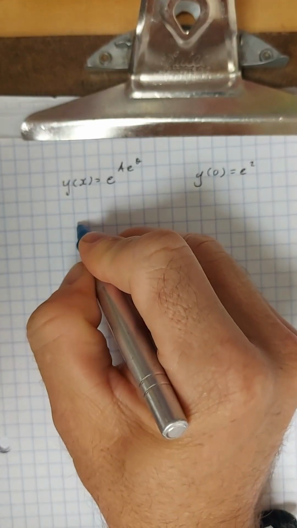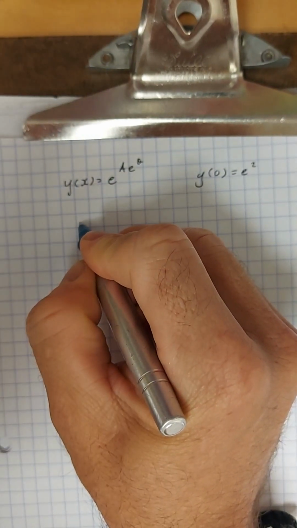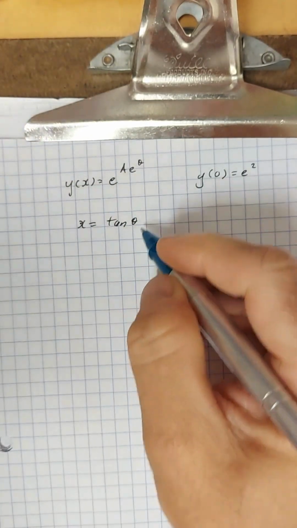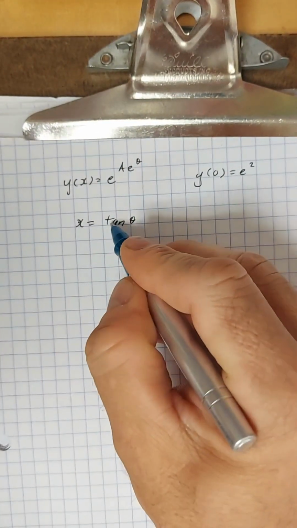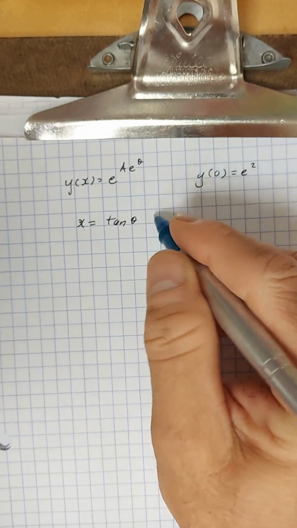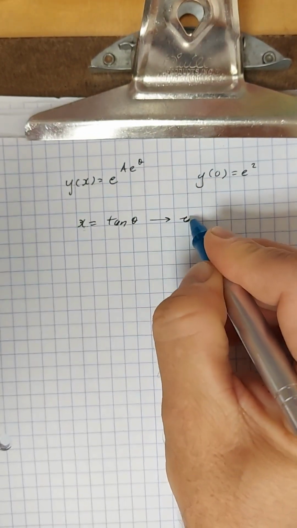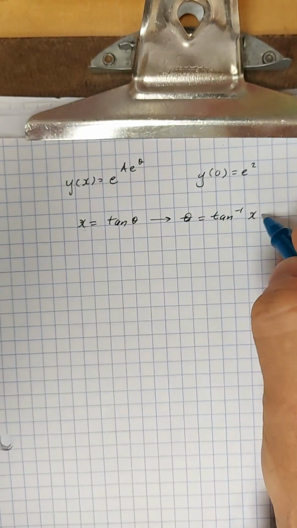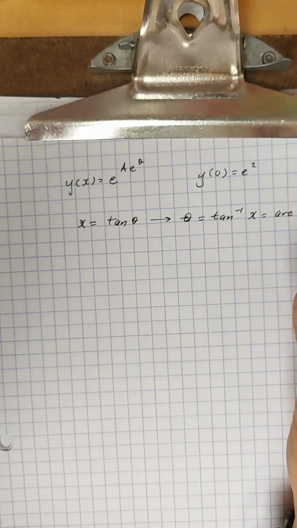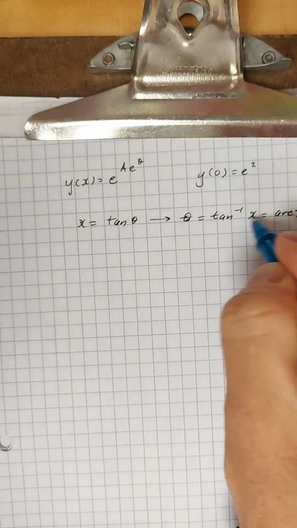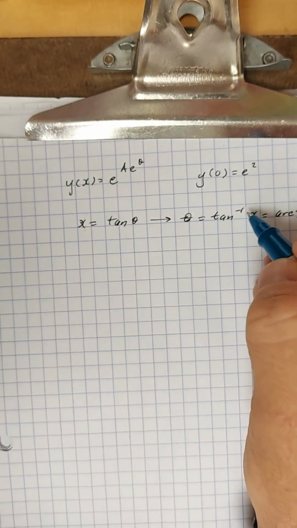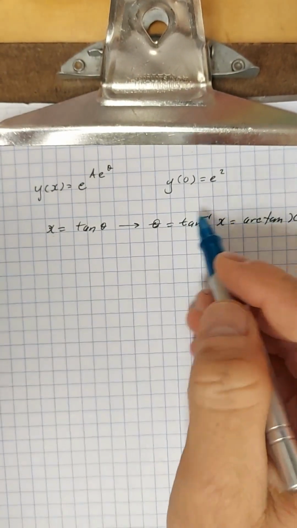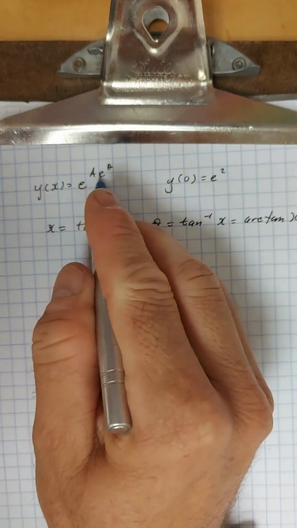We also said that x was equal to tangent of theta. That was our original substitution. So if we move backwards, we take the tangent inverse of both sides, and so theta is equal to tangent inverse of x, which is also sometimes written as arctan of x. This inverse here is not an exponent, it's a notation that means arctangent, or the inverse of tangent.